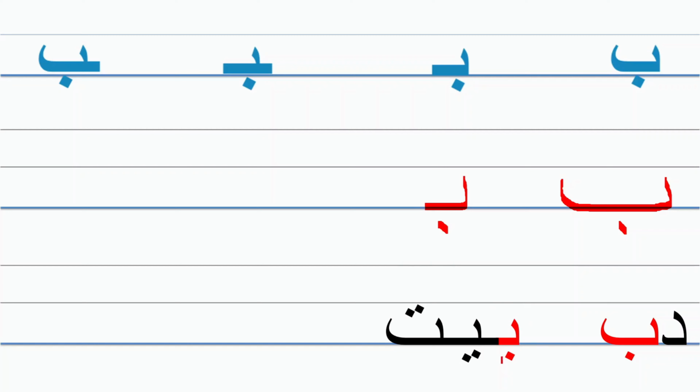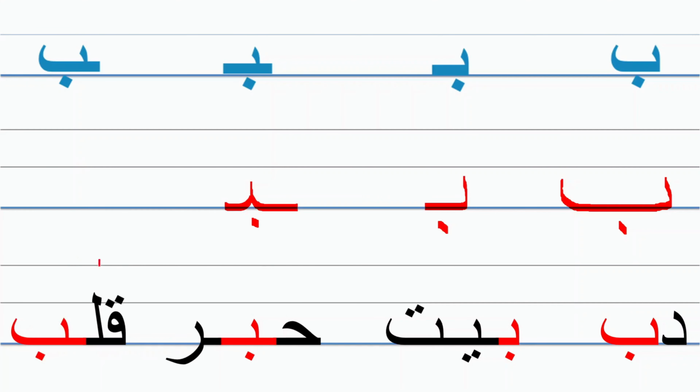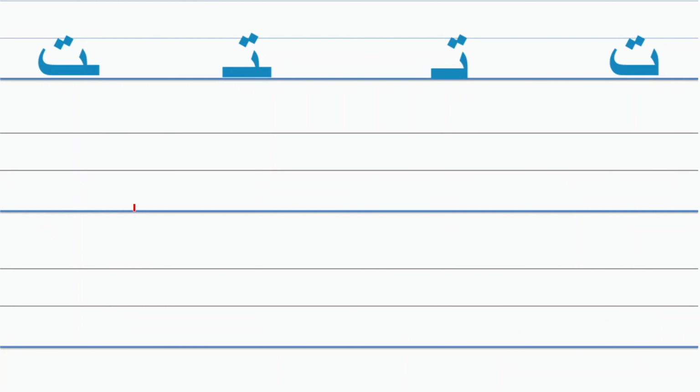You see, initial ba. Then ba in the middle, which we call medial, like the word hibr, means ink. It's having 2 hands from both sides. My last word is qalb, which means heart. This is how I write ba final and it's being attached. This is a one side word.